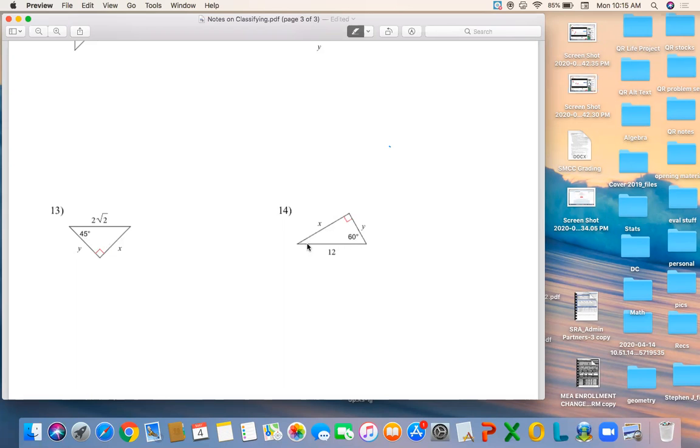Remember, the longest side is always the hypotenuse opposite the right angle. The relationship between the shortest side and the longest side is a 2-to-1 ratio. The longest side is always twice as long as the shortest side. So I know from this picture that y has to be 6.